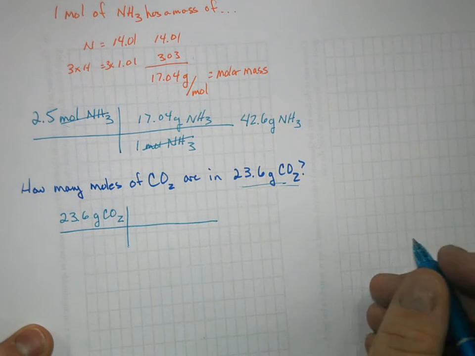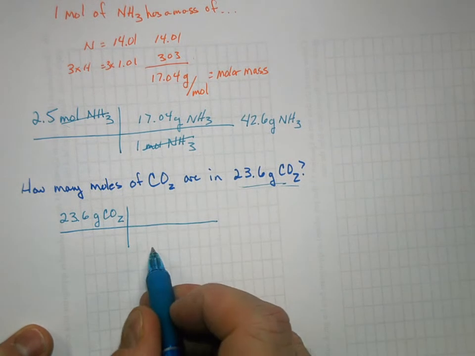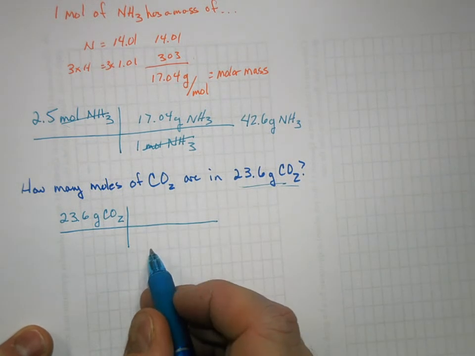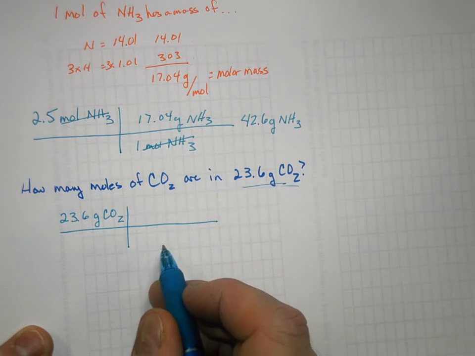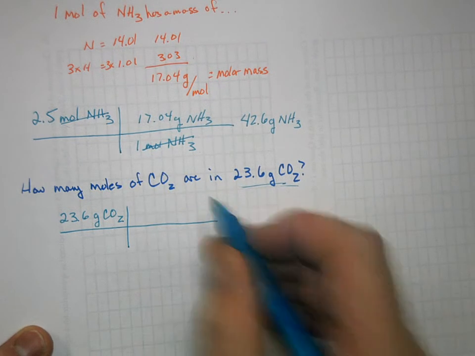This time we need to divide. So down here, we need to put our what? Down below, we put the molar mass of CO2.